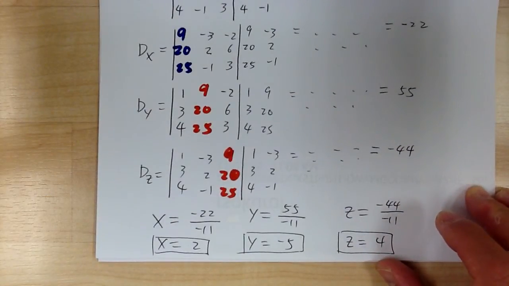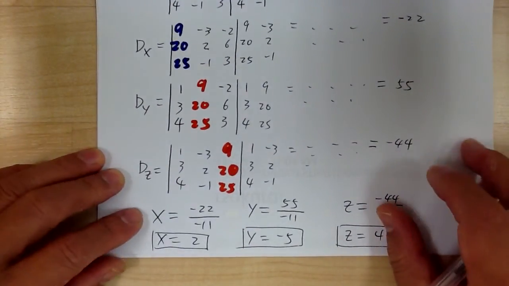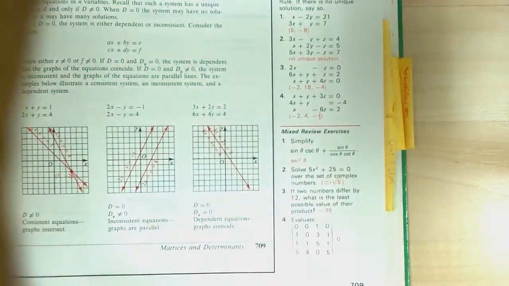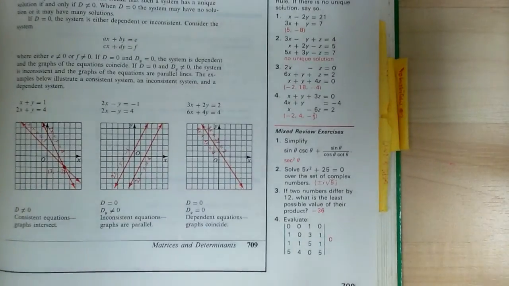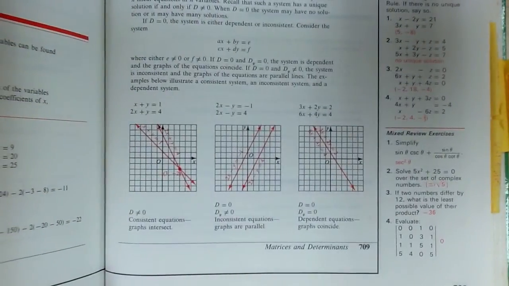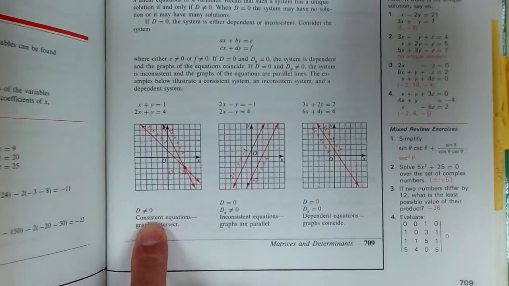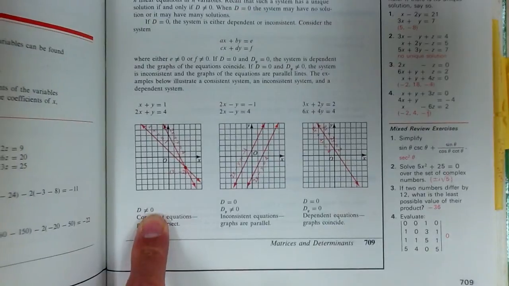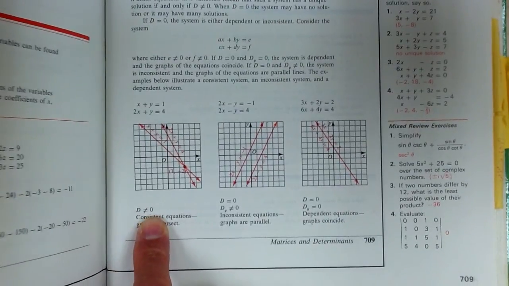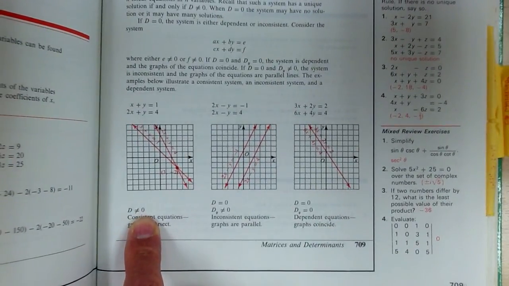Okay. Now, there are a couple of things you have to watch out for. If you look at page 709, if the d is not equal to 0, like most of the cases, then everything's fine. Whatever you get is whatever you get.